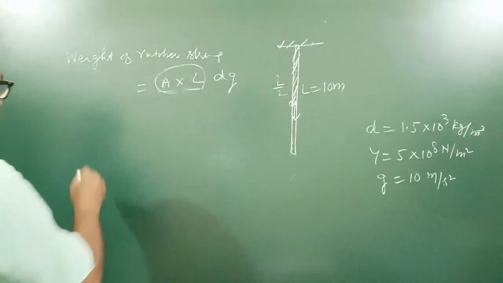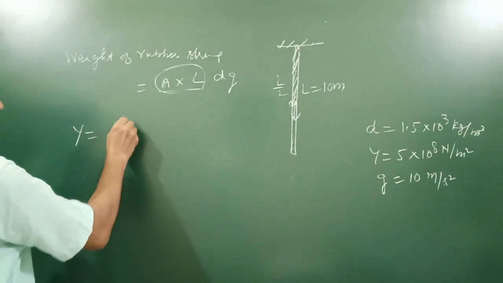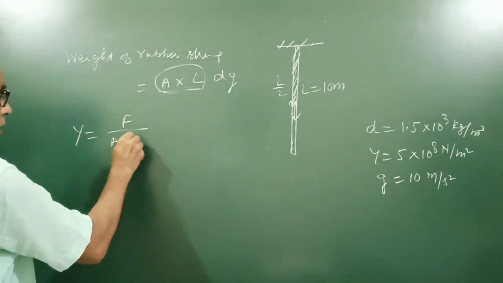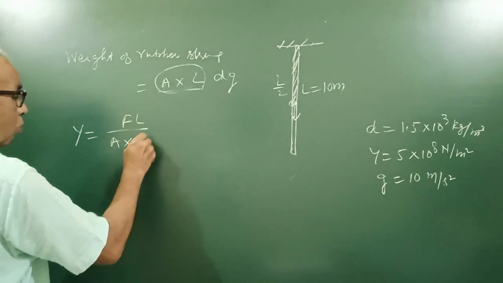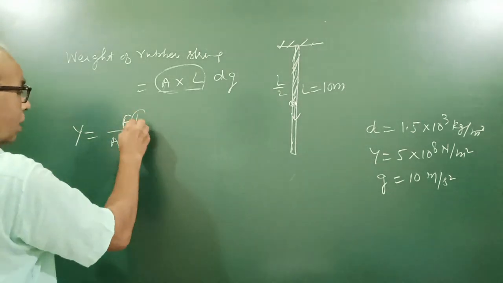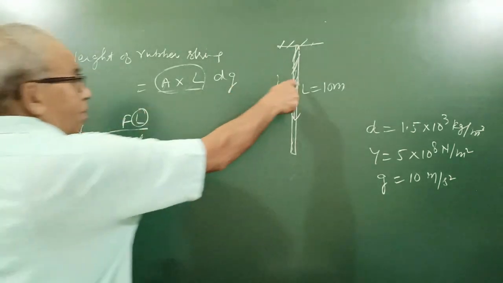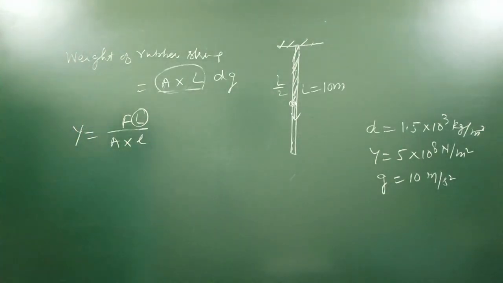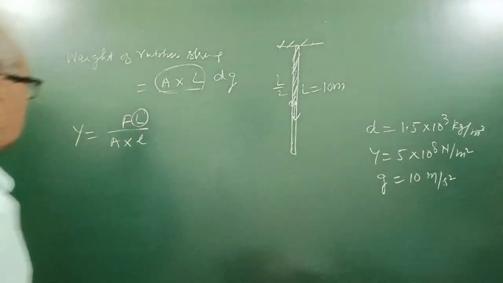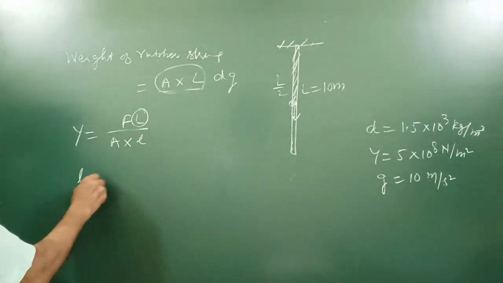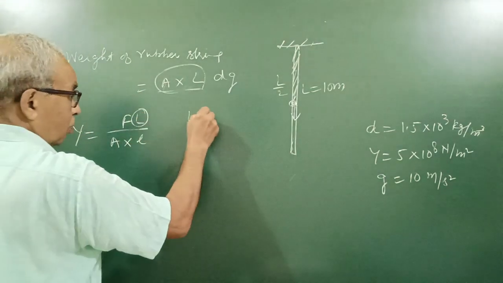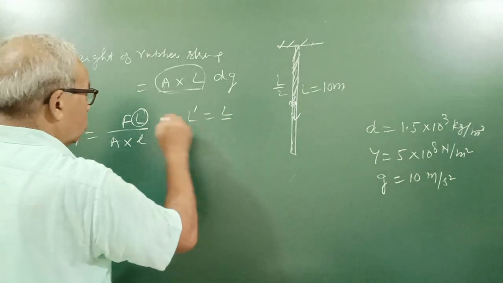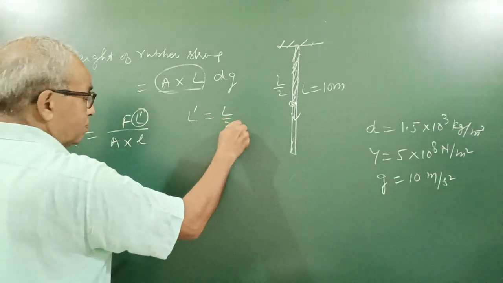You know, Young's modulus is force upon area into L upon small l. So here for L we take L by 2. You want to find out small l. So in place of L we take L dash equal to L by 2. I put here L dash.